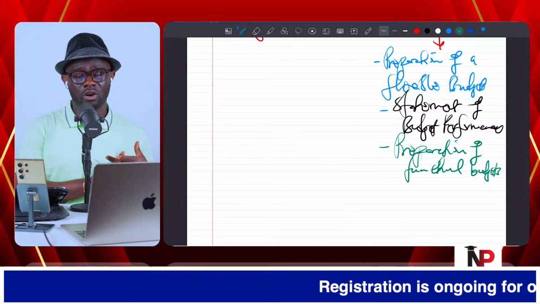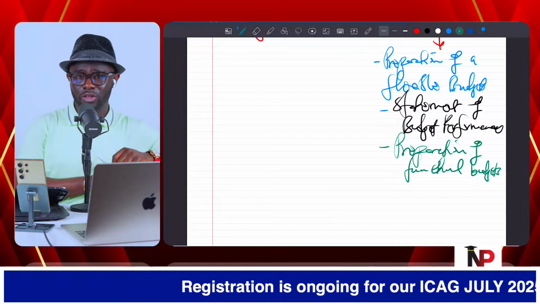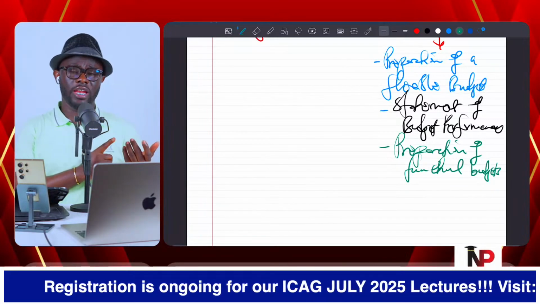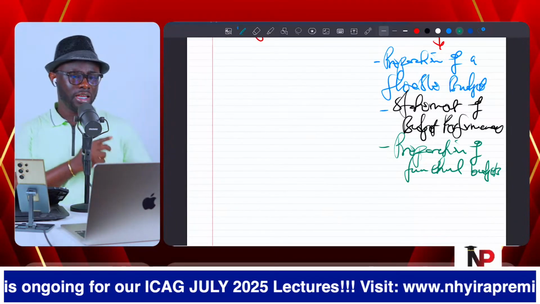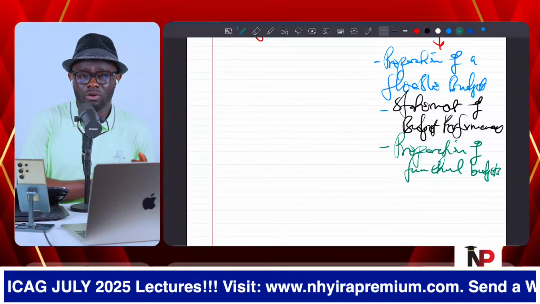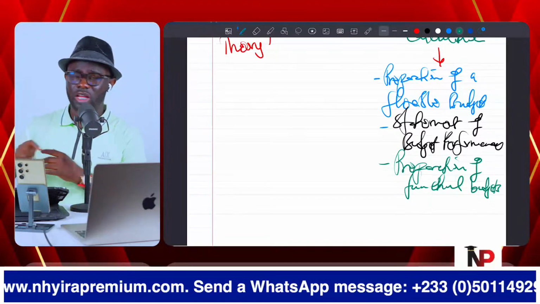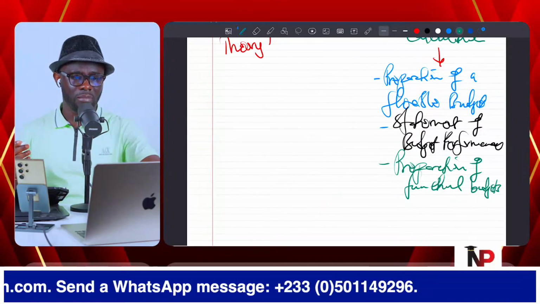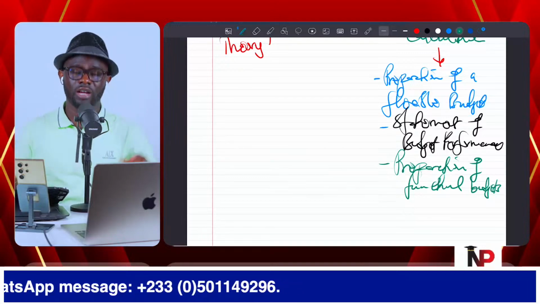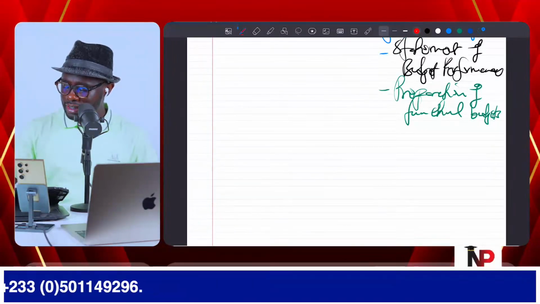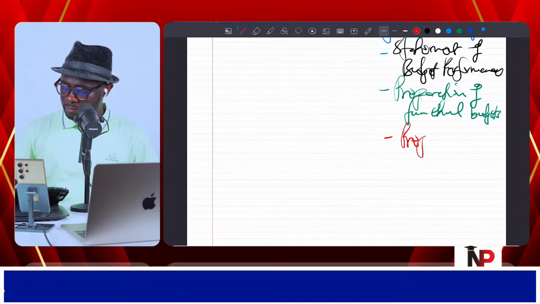We have the material cost budget. We have the labor usage budget, and then we have the labor cost budget. Then we'll have the manufacturing budget or whatever. So preparation of the functional budget. That's another calculation area that the examiner can ask you about when it comes to the management accounting. Then the last one there is the preparation of the master budget.